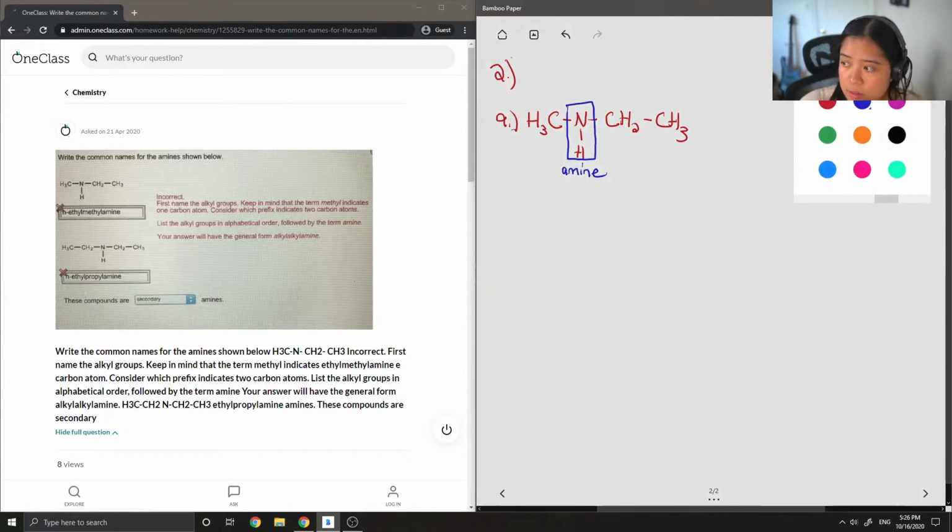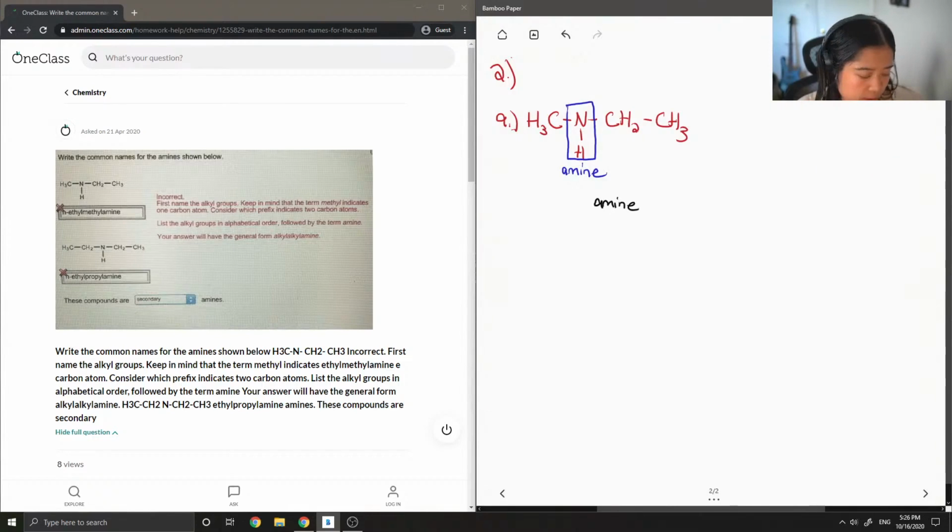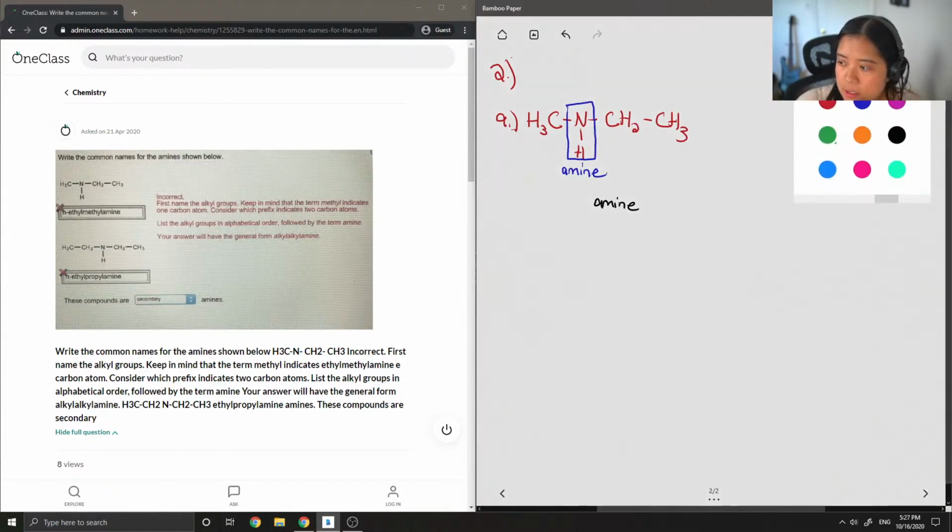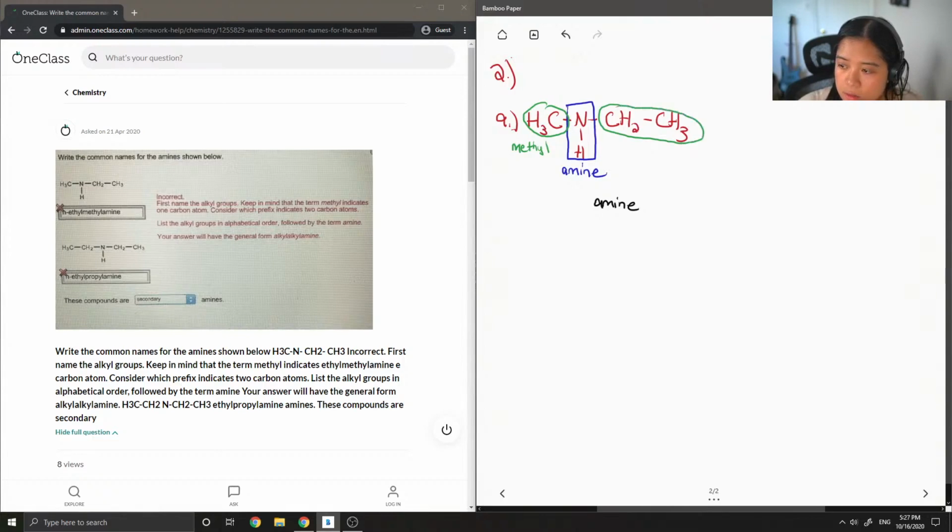Then I'll just show it here. So this is our parent. And then connected to the amine are two side groups. So the first is a methyl group. And then the other one is an ethyl group.